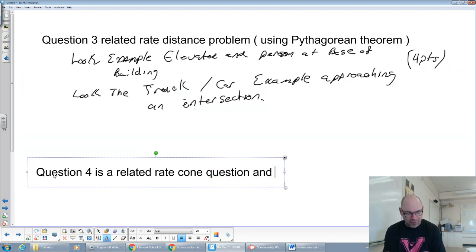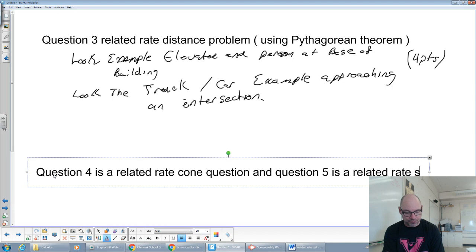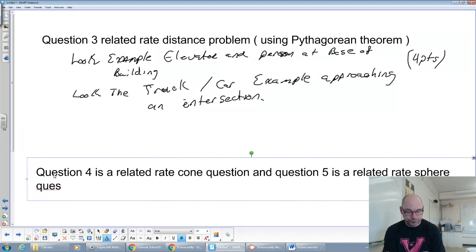And question 5 is a related rate sphere question. And each of them is worth 4.